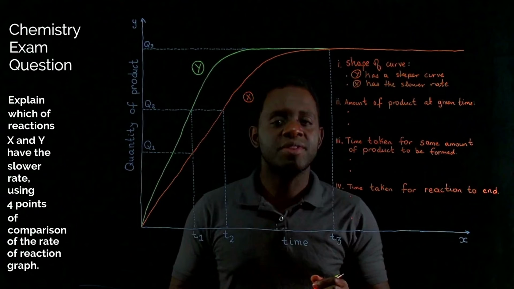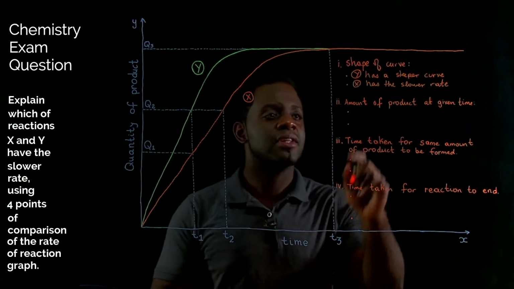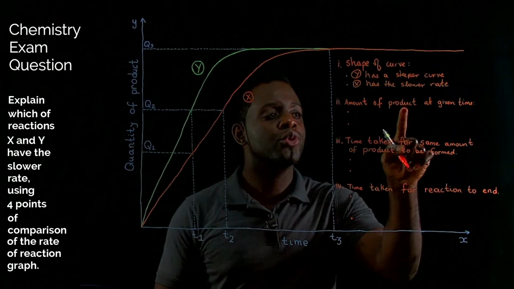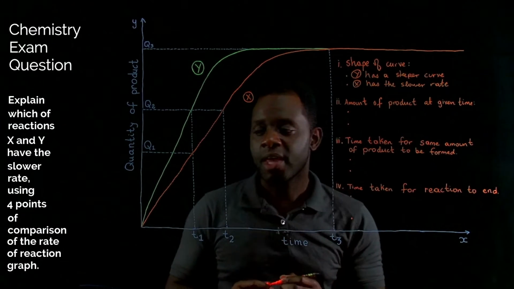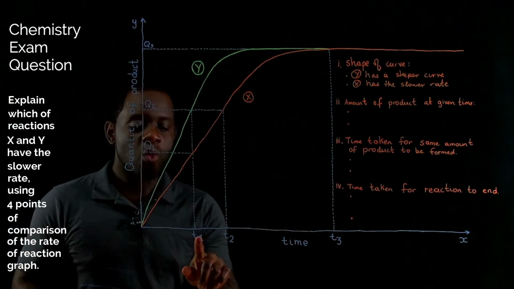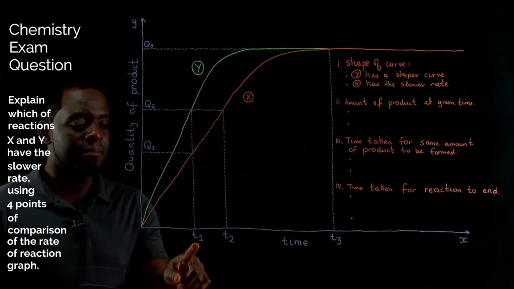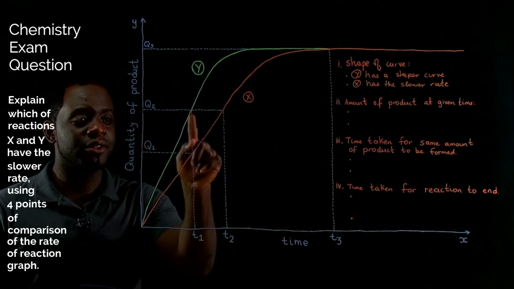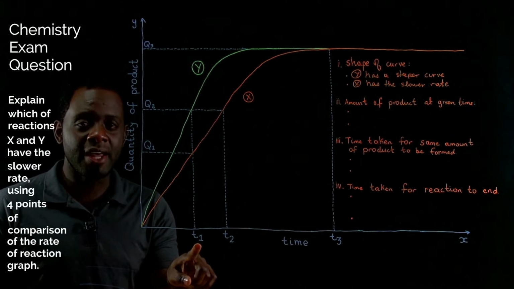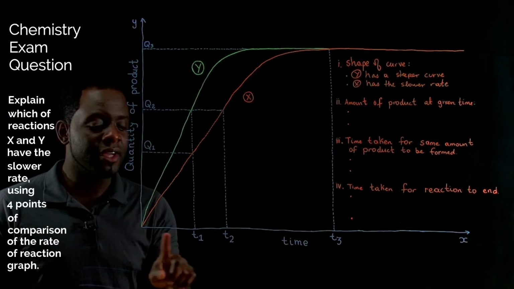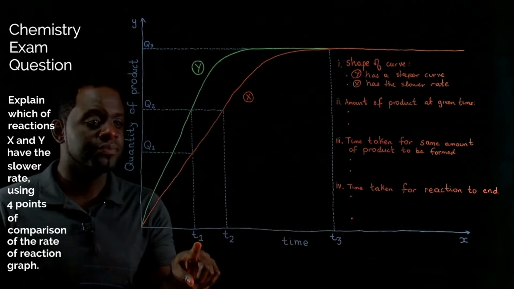Now onto the second point of comparison, the amount of product formed at a given time. Let's take T1, represented by this vertical line on the graph, to be a specific time during the reaction.